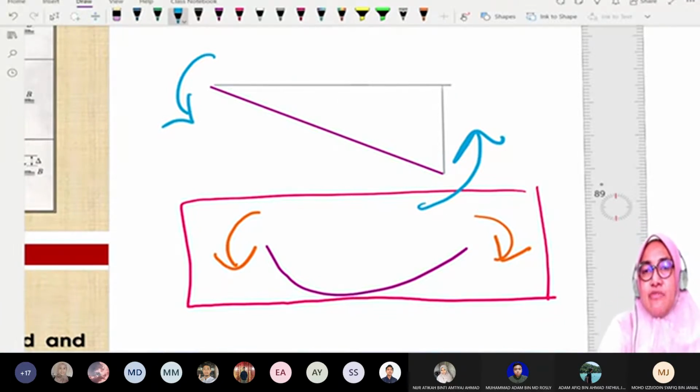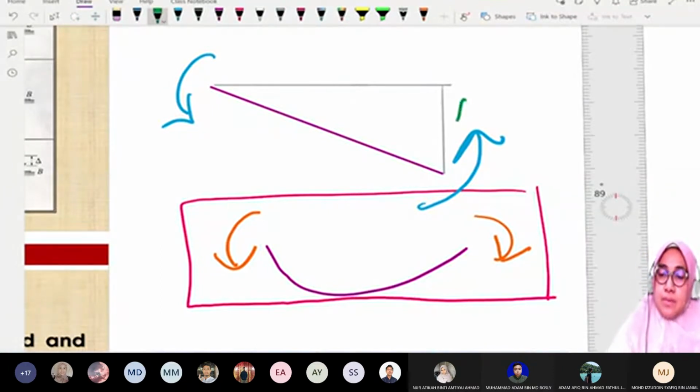Can you see the difference? The difference in terms of behavior of the fixed end of the beam due to loading and due to delta. Here is delta. Quick, who can answer? What's the difference between these two?